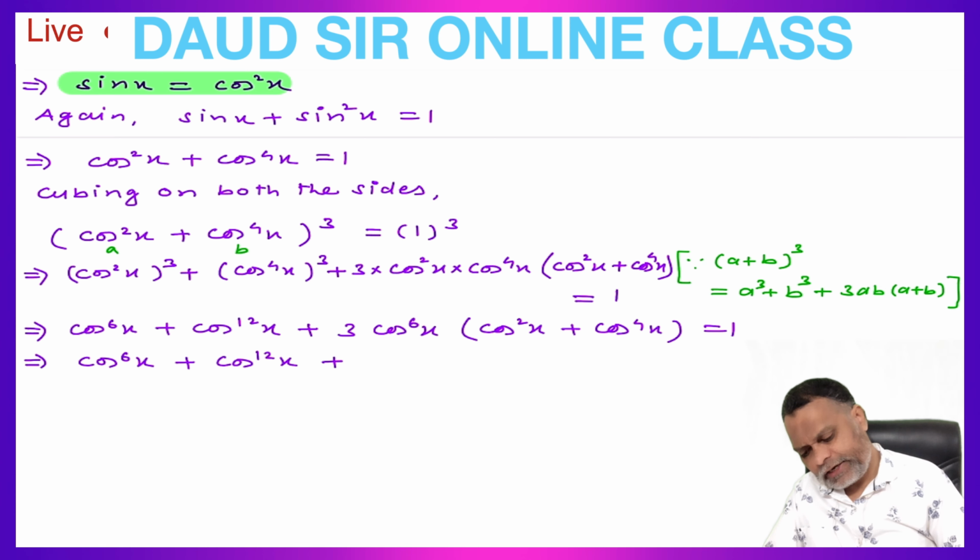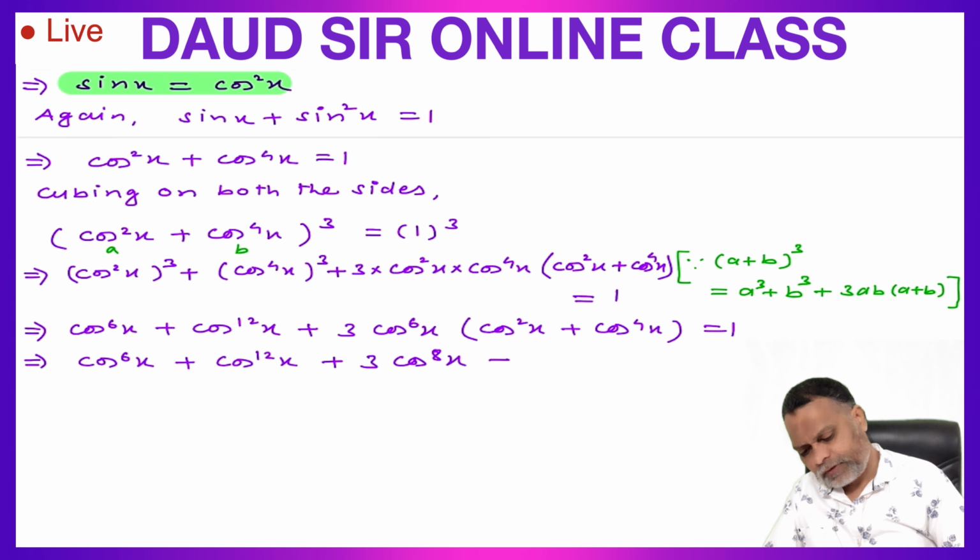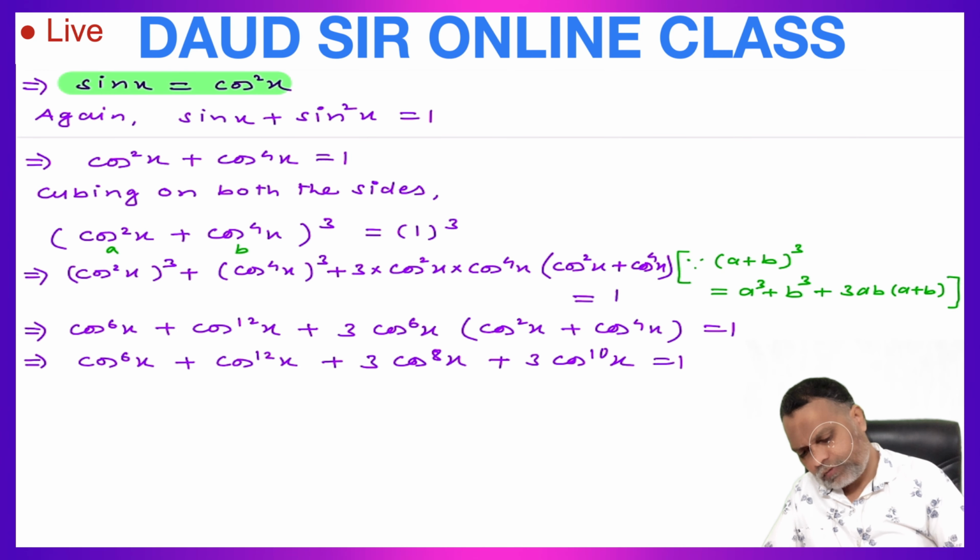Multiply this: 3 into cos⁶x into cos²x, that is cos⁸x, plus 3 cos⁶x into cos⁴x, 6 plus 4 is 10, cos¹⁰x is equal to 1.